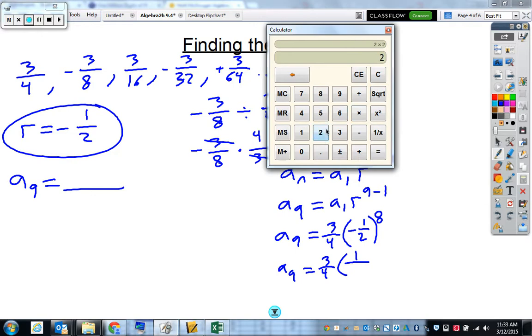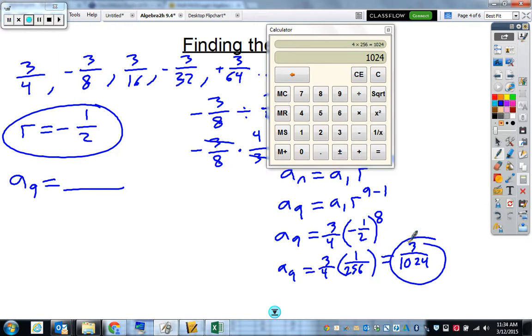If I do 2 to the 8th, 1, 2, 3, 4, 5, 6, 7, 8, I get 256. There we go. Now I'll multiply and get 3 over 4 times 256, which is better. So a sub 9 is 3 over 1,024. Sorry about that.